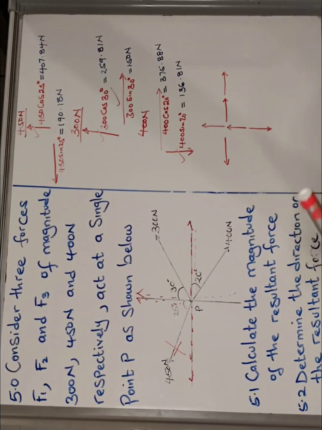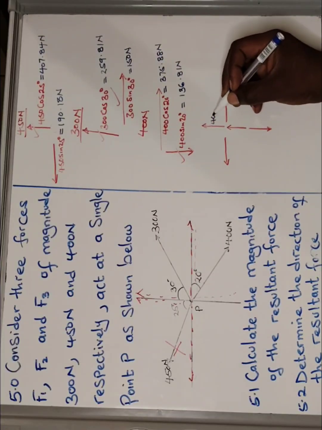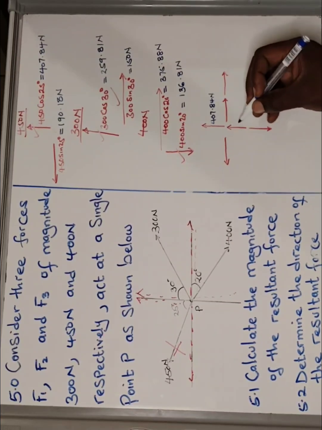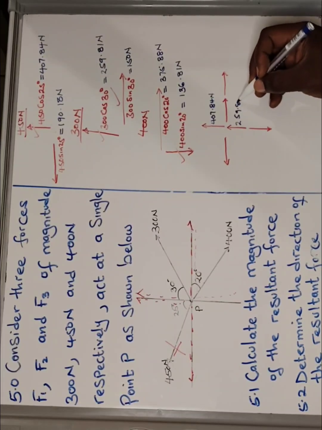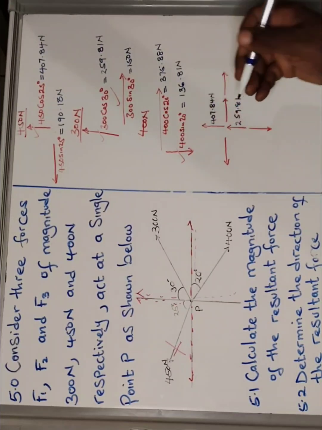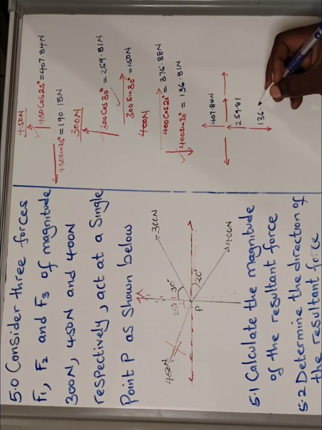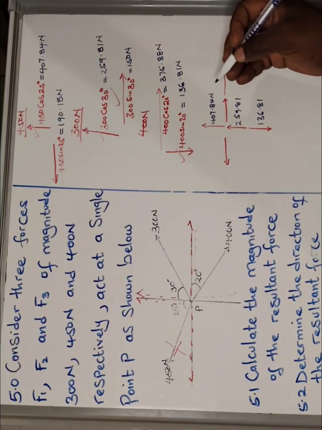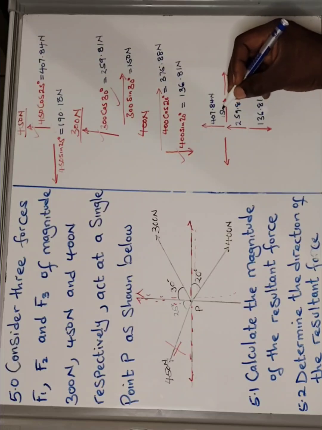So let us indicate their values. We started with this one, which is 407.84 newtons. And this one is 259.81. This one is 136.81. Then that one is 150.